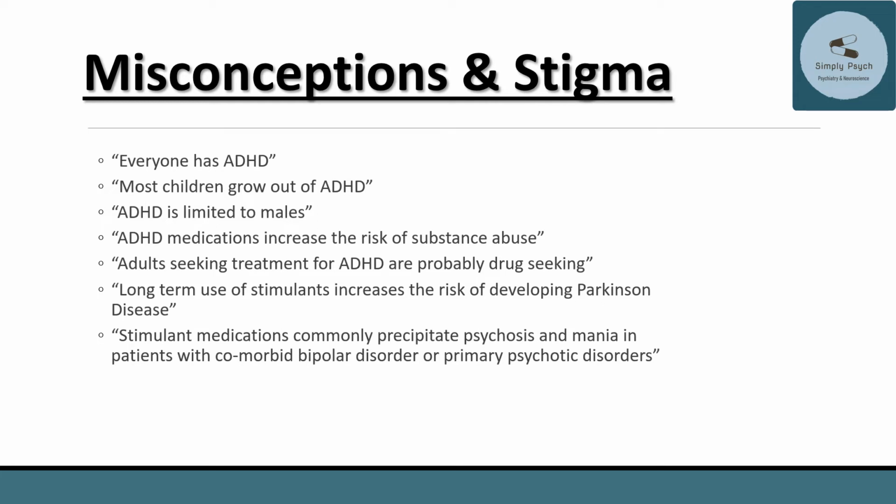Stimulant medications commonly precipitate psychosis and mania in patients with comorbid bipolar disorder or primary psychotic disorders. Now, you would think this makes sense and this is common sense, but again, it's not supported by the literature. This has been studied, and while there is a small risk of precipitating psychosis and mania in patients with not just bipolar disorder, but just any disorder, the risk is really, really small.